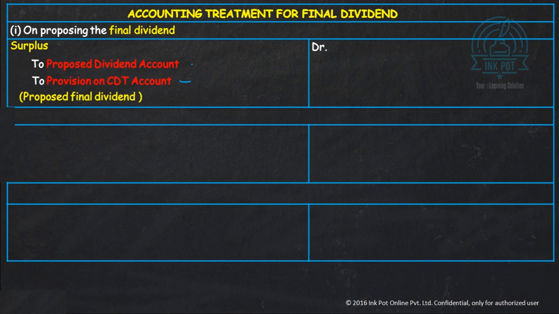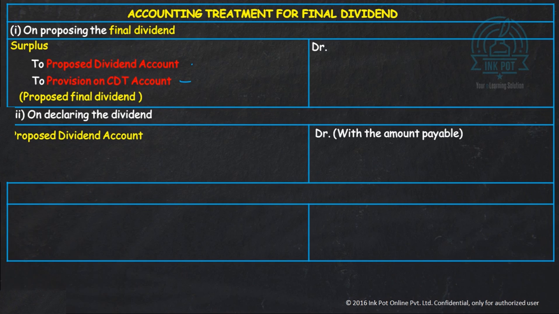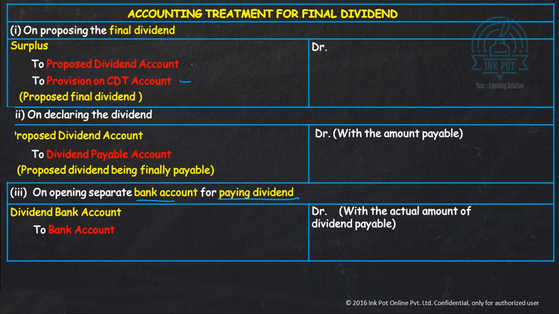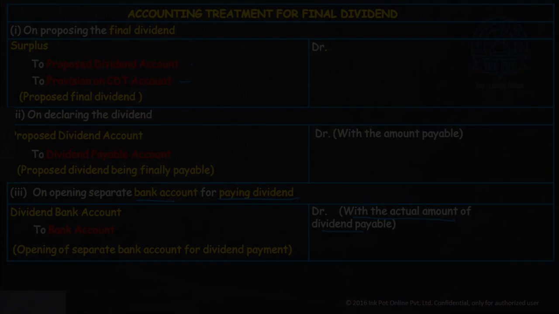Then when the dividend is declared, proposed dividend account debit to dividend payable account. Then when a separate bank account is opened for paying dividend, the entry will be dividend bank account debit to bank account. The actual amount of dividend payable to the shareholders is transferred.